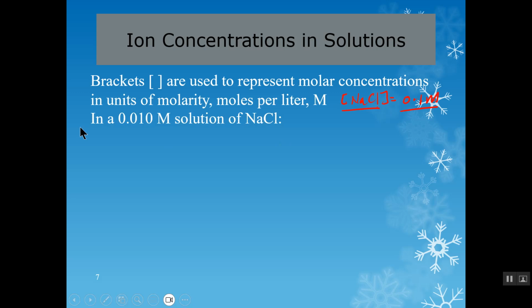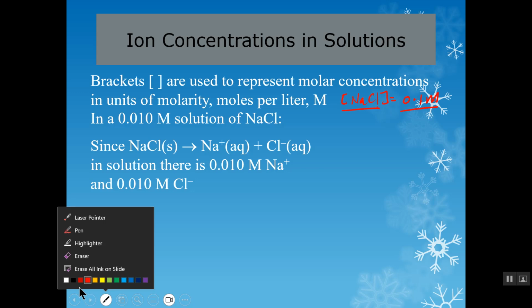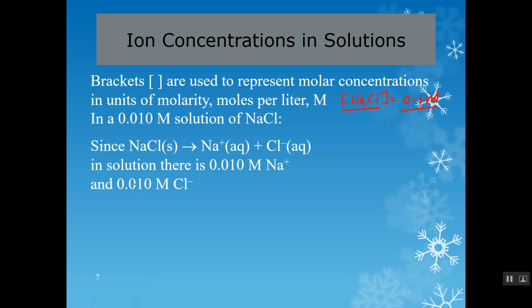Okay, so for a solution that is 0.01 M sodium chloride, what you'll find is that sodium chloride will undergo complete dissociation to form Na+ and Cl- ions, right? And I use the term dissociation. Dissociation is basically a fancy word we use in chemistry to say that something splits up into different parts, right?